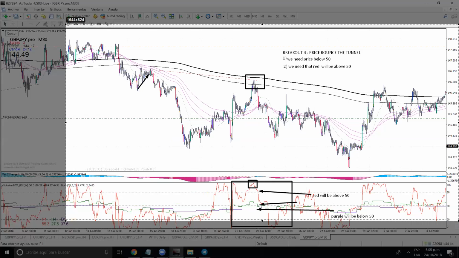So the trigger will be when the green line crosses down the 50 level. This will be our entry point.